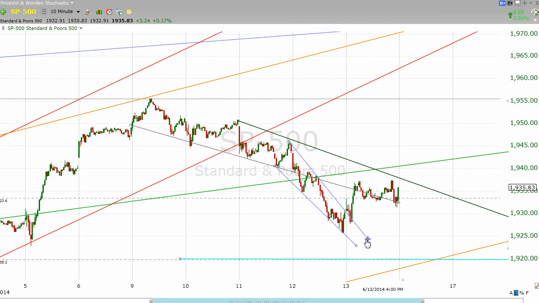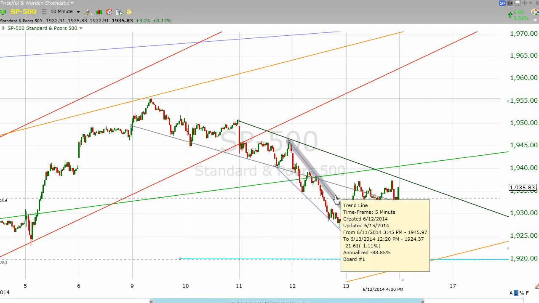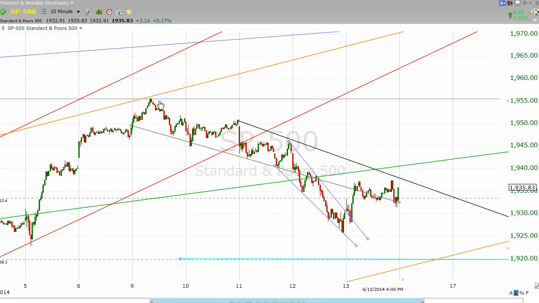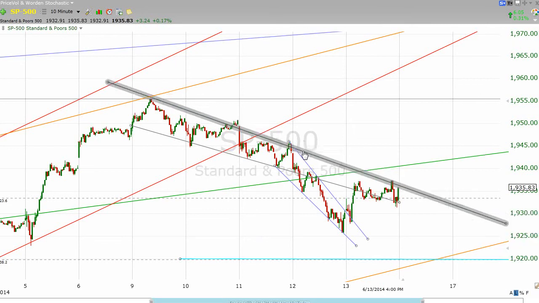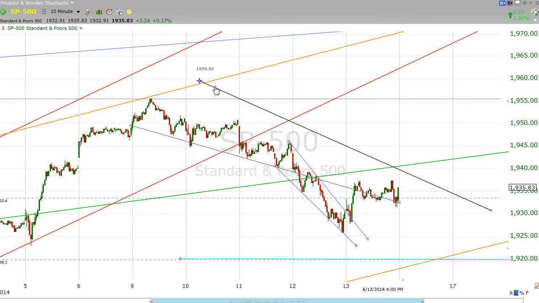And the idea would be, at the time we closed still inside that wedge, that I would take getting over this top line right here as signal number one that a reversal of this little slide is in the works, meaning we would start to rally again. But signal number two, and I'm going to reposition this line again just to make sure I got it right.